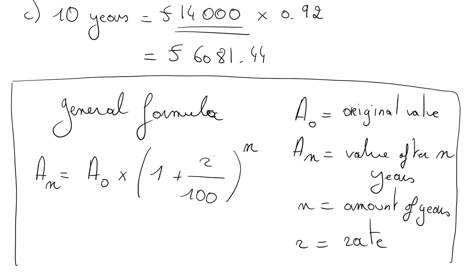Depending on whether it's compound interest or depreciation, R is going to be negative or positive. For depreciation, it means it goes down, so it's minus 6%. When it's compound interest, it means it goes up, so plus 6%. That's where the negative and the positive comes from.